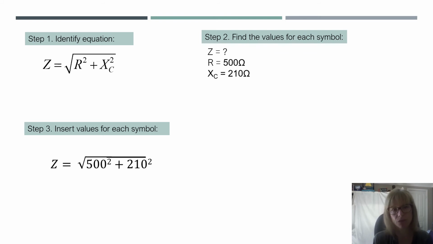There we go, 500 squared is our resistance squared, plus 210 squared, which is our XC squared, and it's all square rooted. That gives us an answer of 542.3 ohms of impedance, Z, okay? So that's how much the resistor and the capacitor in series will resist the flow of electrons.